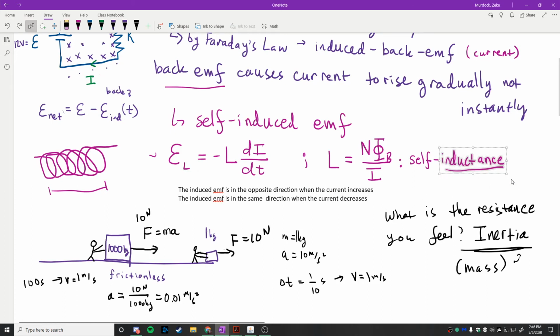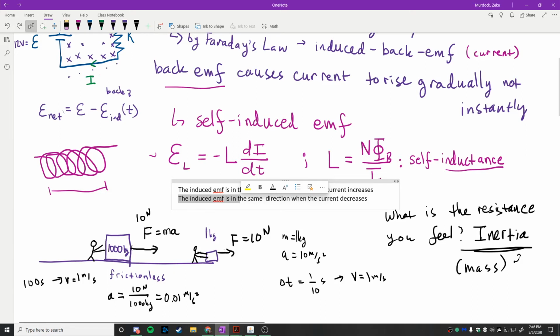And inductance is in very many ways inertia, okay? Let's see if I can follow this analogy through. Inductance and inertia are synonymous. Inertia refers to mechanical systems, like systems with mass, and inductance refers to electrical systems, right? So when we talk about an object and it's sitting still, we have to apply a force to make it move. But once it's moving, it will keep moving, right?